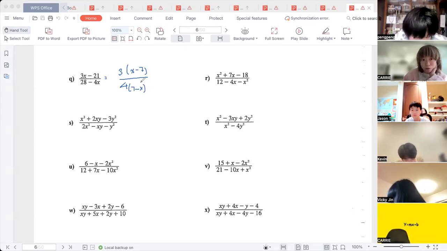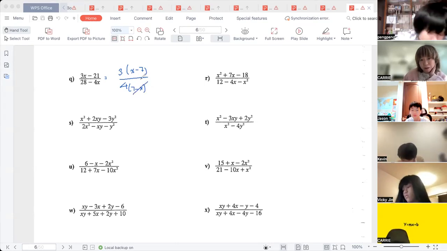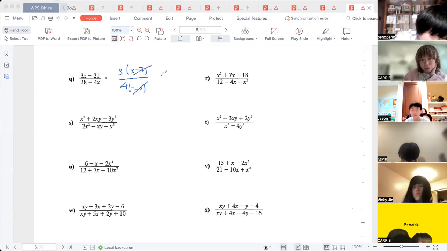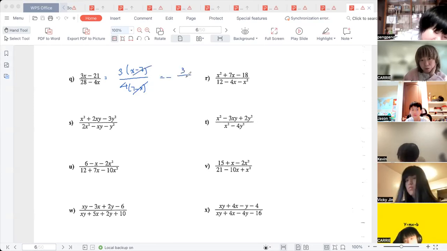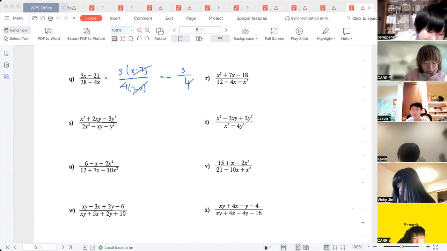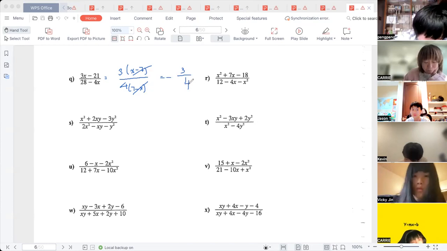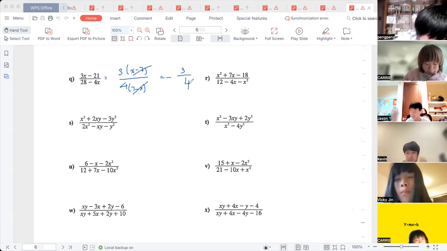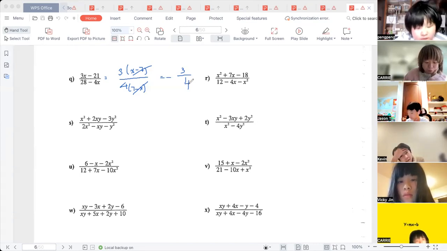Okay, so x minus 7 and 7 minus x equals negative 1. So the answer is negative 3/4. Am I right, Vicky? Which part don't you understand? Let me know.